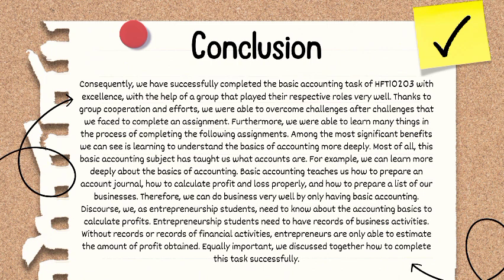Basic accounting teaches us how to prepare an accounting journal, how to calculate profit and loss properly, and how to prepare a list of our business records. Therefore, we can do business very well by having basic accounting. In this course, we as entrepreneurship students need to know the accounting basics to calculate profits.